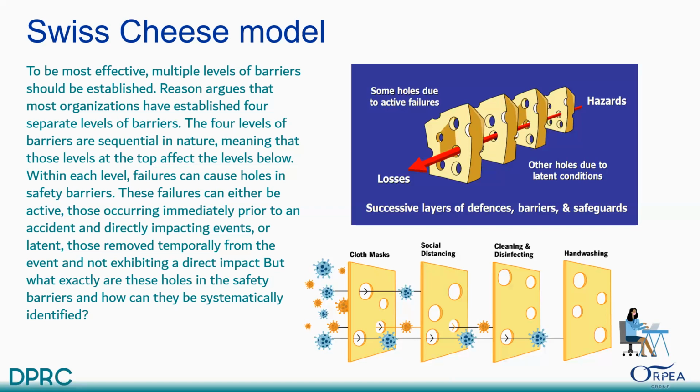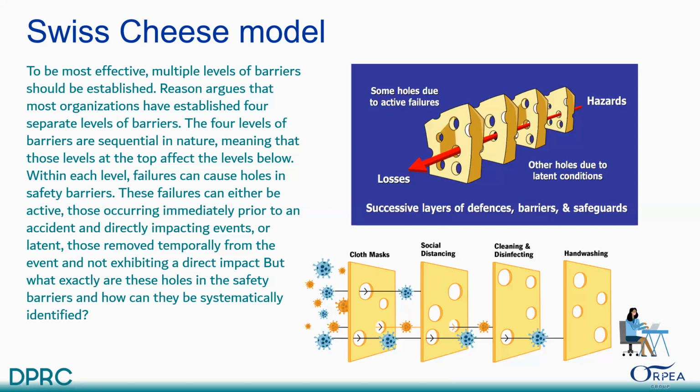But what exactly are these holes in the safety barriers and how can they be systematically identified? Mainly, we can see here some holes due to active failures, hazards. Other holes are due to latent conditions.